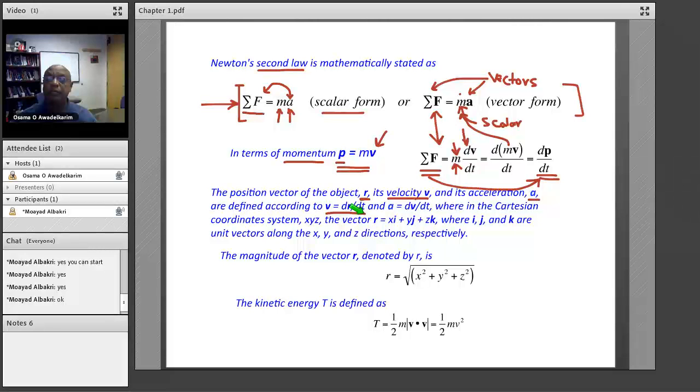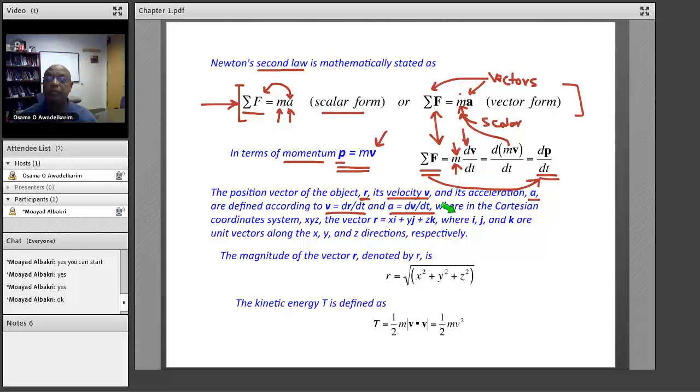Again, that is known from our studies in dynamics, and the acceleration is dv by dt. So the velocity is extracted from the position vector by taking the first time derivative, and the acceleration is extracted from the velocity by taking the first time derivative of the velocity.